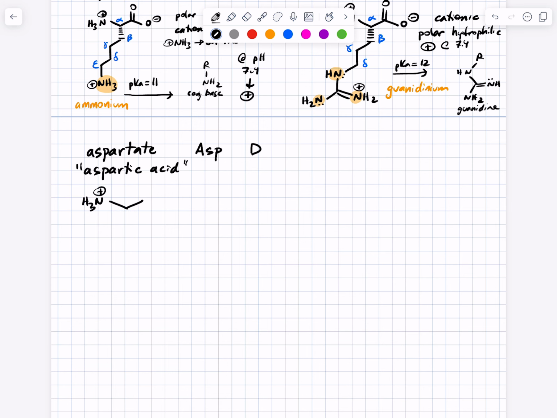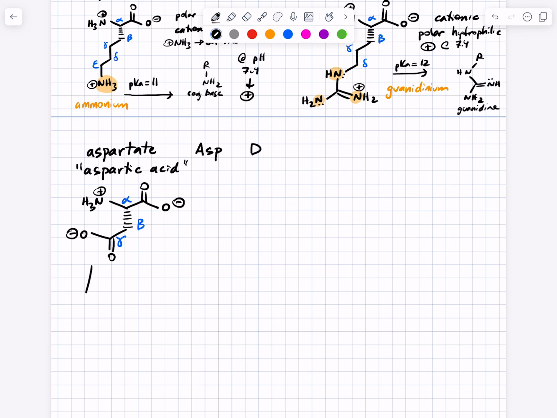Aspartate and the other one I'm going to show you are really easy to mix up. Aspartate is the shorter side chain. So alpha, beta carbon, and then attached to the beta carbon is the carboxylate. So the gamma carbon is the carboxylate one.